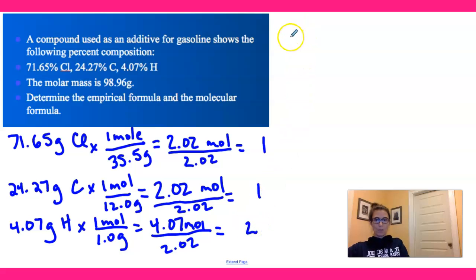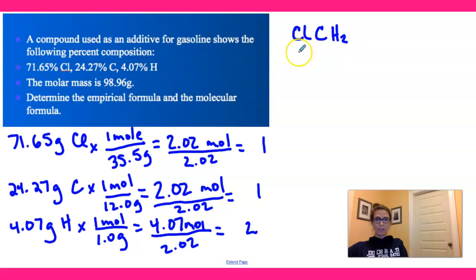All right, so my empirical formula is ClCH2. Sorry, H2, forgot that.